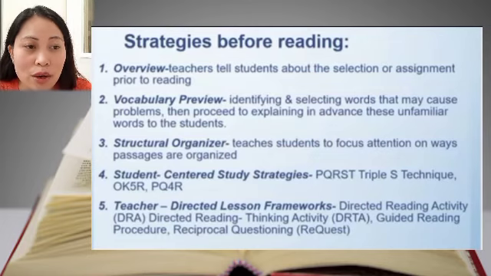OK5R stands for Overview, Key Ideas, Read, Record, Recite, and Reflect. And we also have PQ4R, which stands for Preview, Question, Read, Reflect, Recite, and Review. So these are some strategies that provide for previewing, student-centered questions, and establishment of purpose, as well as during and post-reading.